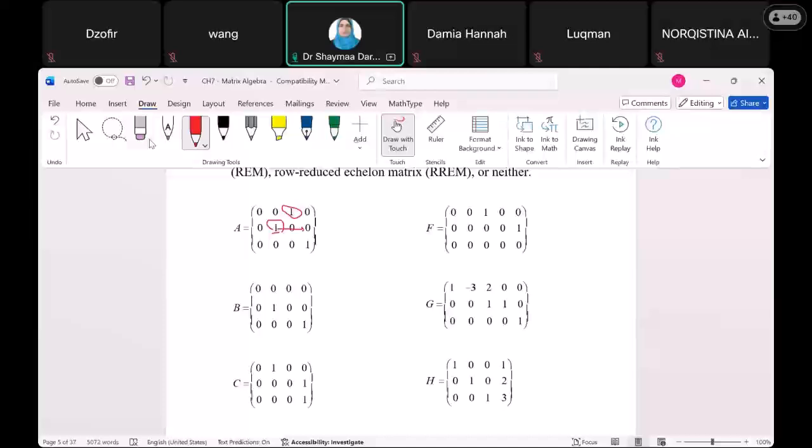So this is not in row echelon form. So how to make it in row echelon form? What do we need to do to convert this matrix to row echelon form?